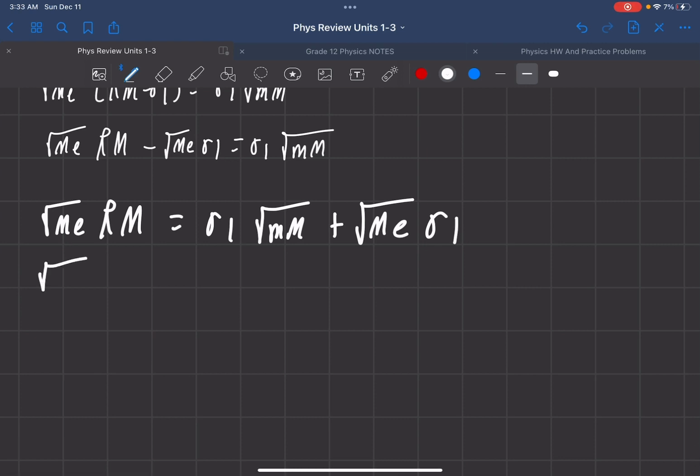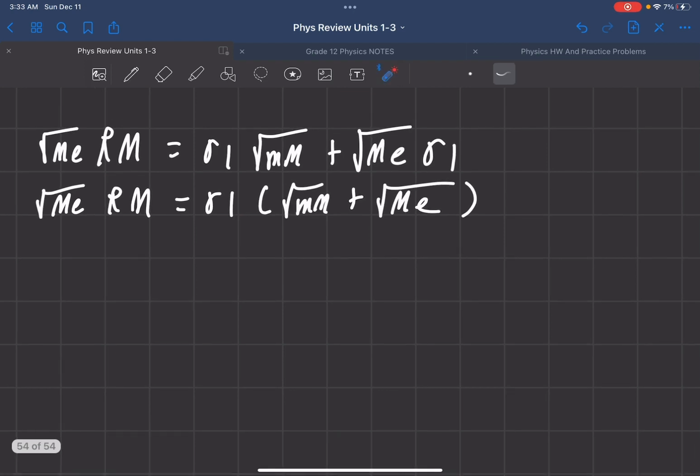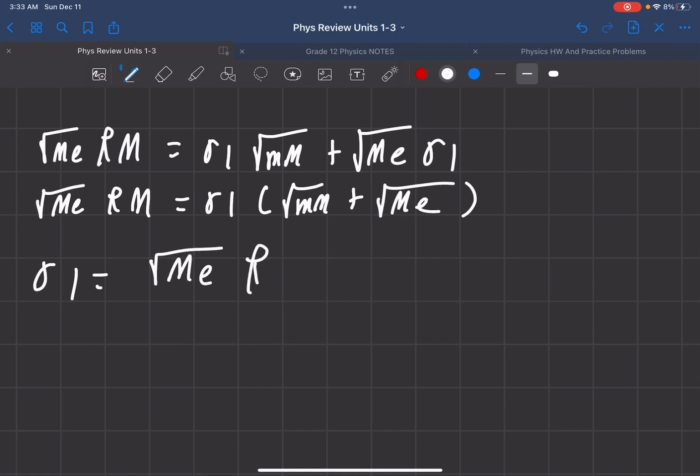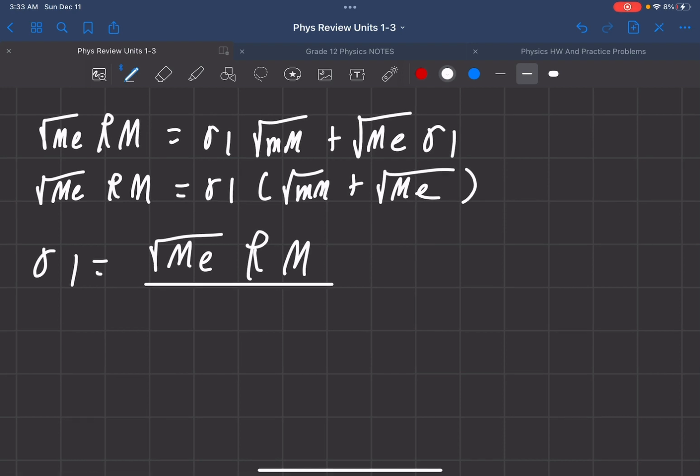So root M_E times R_M is equal to R1 times the quantity root mass of the Moon plus root mass of the Earth. From here we can divide both sides by this expression and we're pretty much done, right? So R1 equals root mass of the Earth times R_M, being the center to center distance of the Earth and the Moon, all over root mass of the Moon plus root mass of the Earth.